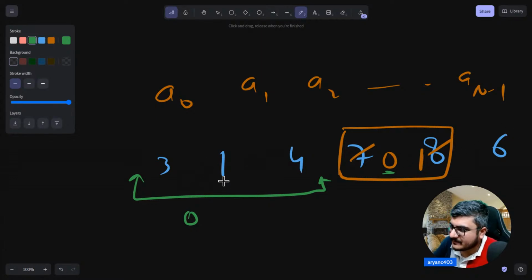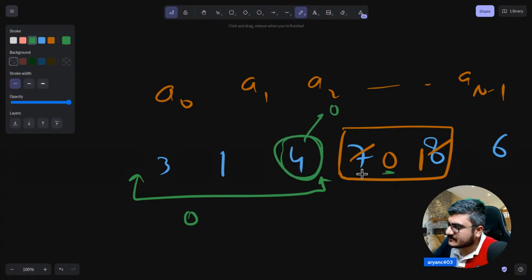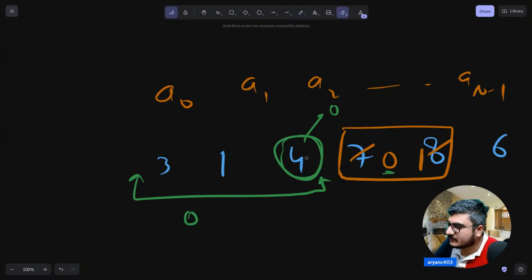You can try playing around here, but you will realize that you will never be able to make this 4 zero. So doing the first operation here is a bad move. Whenever you do one operation, one of the numbers becomes 0 instantly, and after that, any number which is before it should also be 0. That's how you will end up with sorted order. Now this gives us an idea.